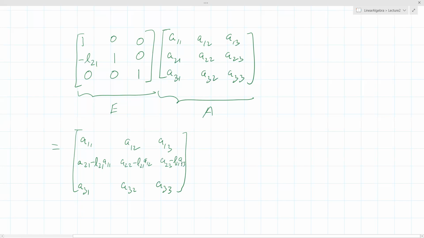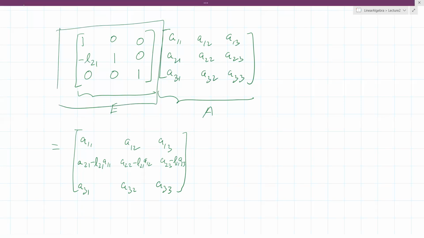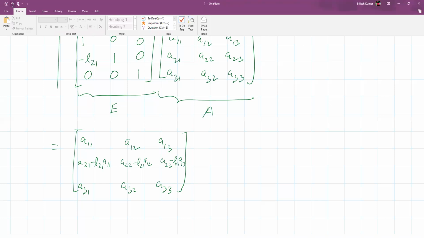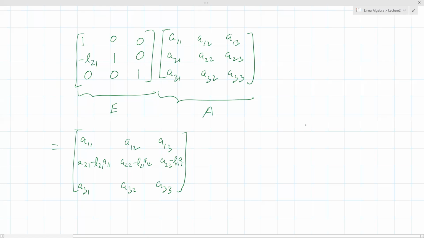So is this particular matrix doing what we wanted it to do? What did we want it to do? Yes, sir.